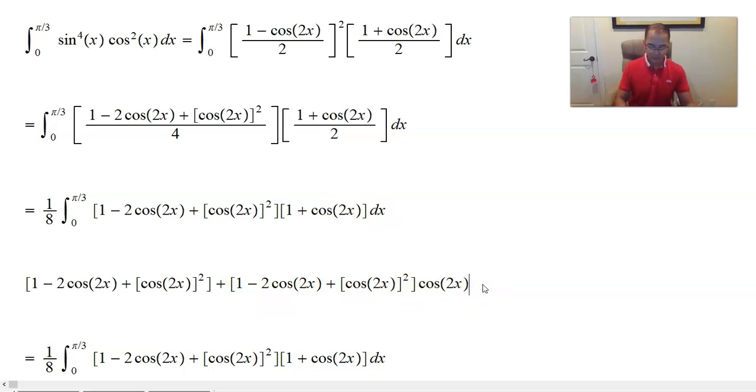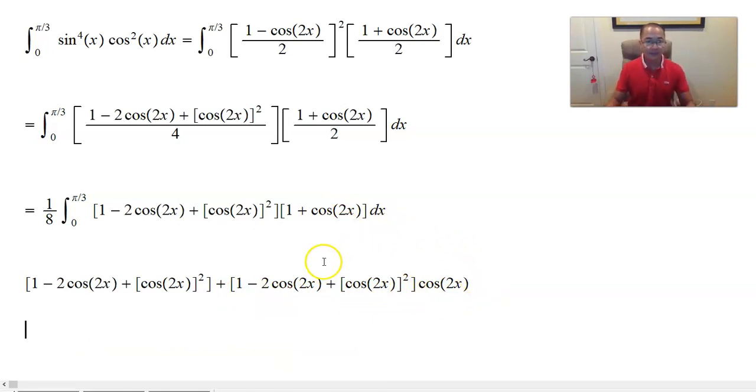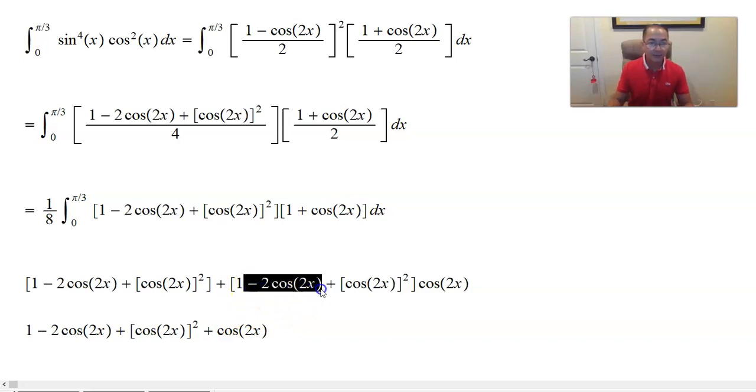So now, let's simplify this as much as we can. Nothing happens to these first 3 terms. So we'll just take that, and we don't need the brackets. Now we distribute cosine 2x to these 3. So we have a cosine 2x. And then we have a minus 2 cosine 2x squared.